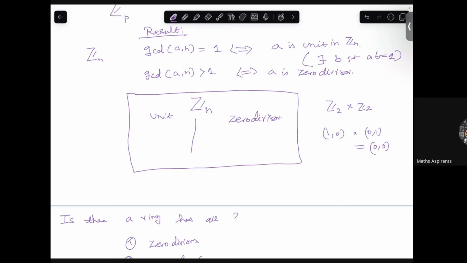In this way, you put anything on this side, Z2, Z10 or Zm, you put anything here, and you will always get 0. So you can see that there are a lot of things it contains as zero divisors. If you go for even more products, this is very difficult. But here there are only two divisions, unit or zero divisor.